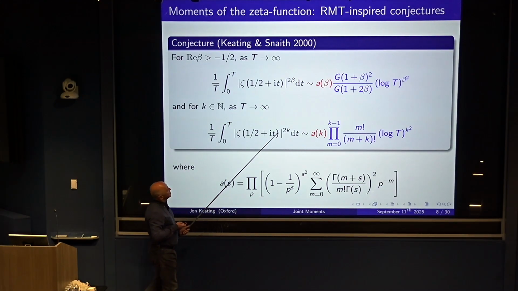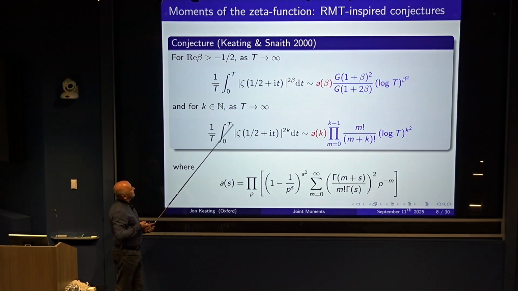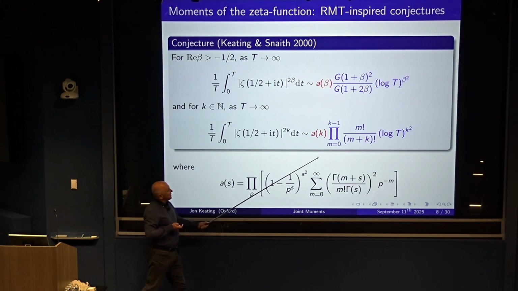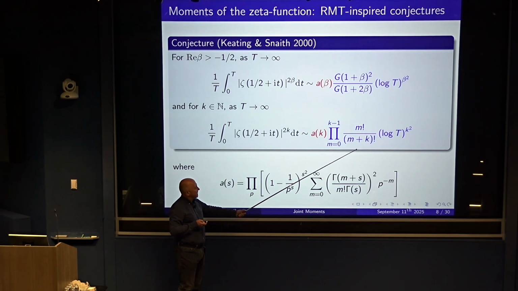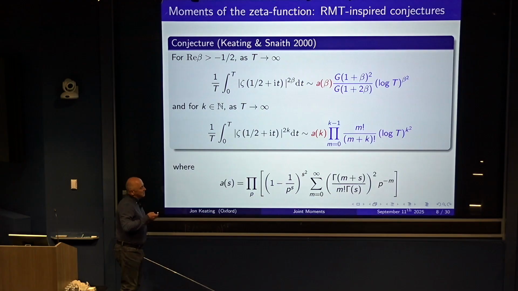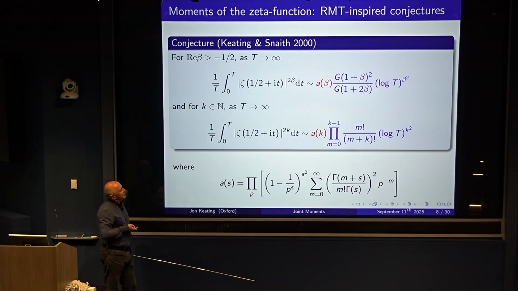And that's the conjecture. And if you're interested in integer moments, k is an integer, then you get this rational number appearing again that's related to the number of Young tableaux of dimension k. So the story is very complete, and we've understood this for a long time.